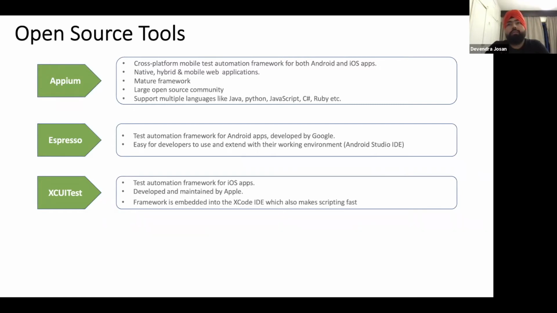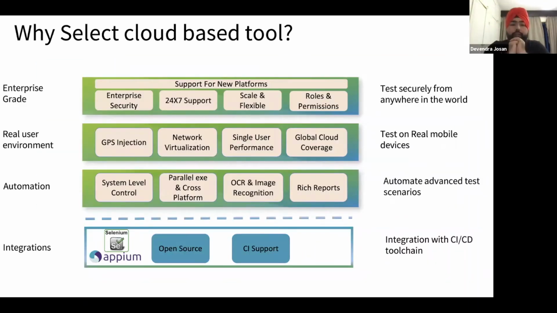So, as I said, unless you integrate your open source tools like Appium with cloud-based tools, you won't be able to achieve the right kind of testing coverage, because you won't be able to test the performance scenarios, you won't be able to test the real user scenarios. So that's where the cloud-based tools are very handy.